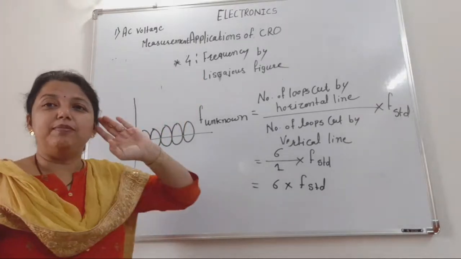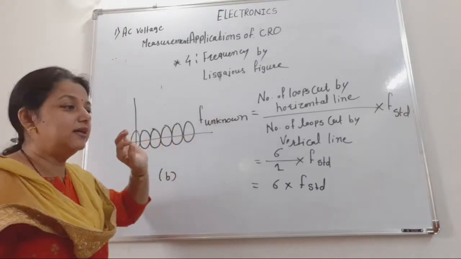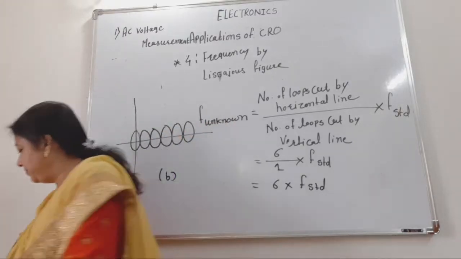First one is quite simple: calculate T and then take the reciprocal of it. In this way you easily calculate. Now go to this diagram.